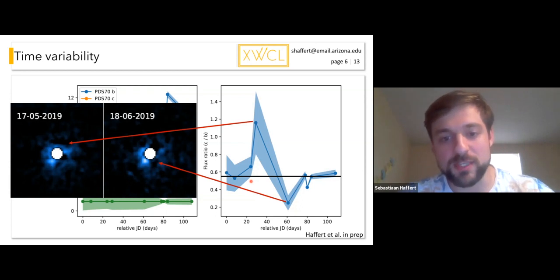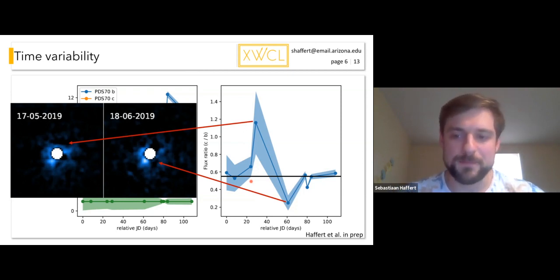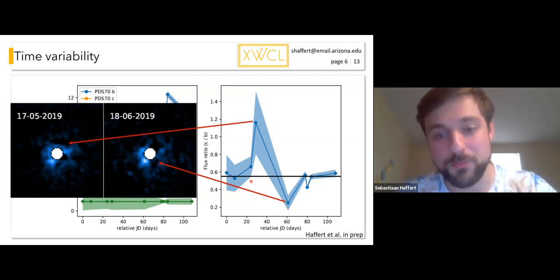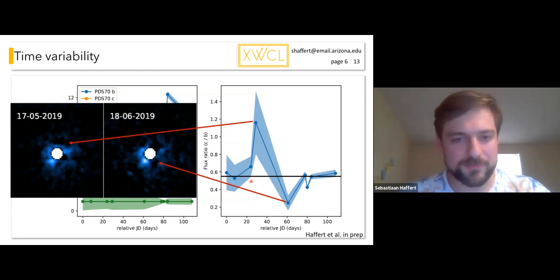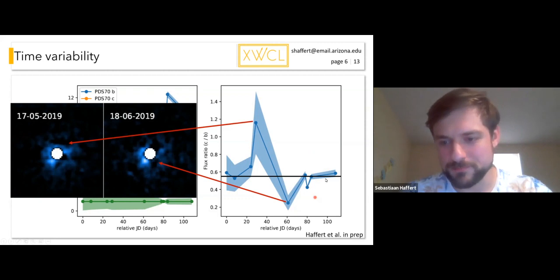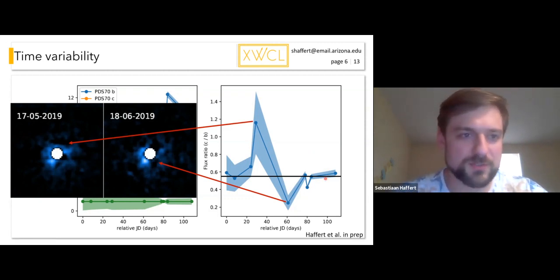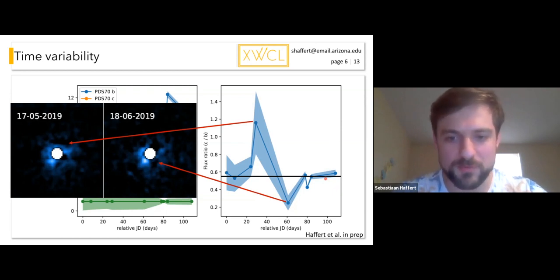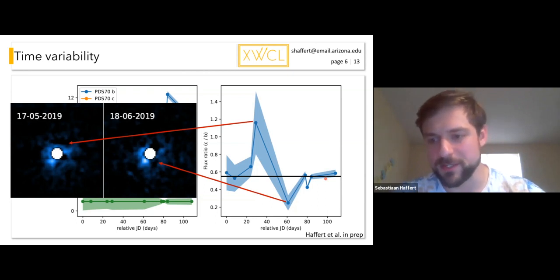Of course, because we're looking at the flux ratio between B and C, it could be that both companions are variable at exactly the same rate and changing in exactly the same way. That's something we cannot see, and I find that quite unlikely. So the most obvious answer is that the two companions are not variable, or at least not strongly variable on the time scale of a year.